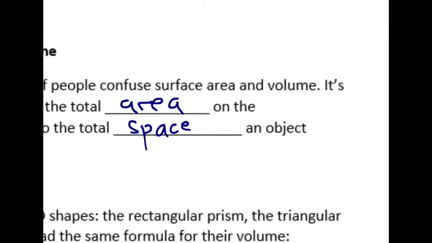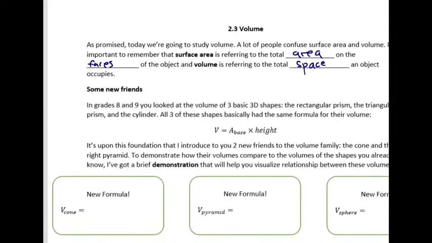Density is how much a cubic centimeter of that material weighs. But volume talks about how much space an object takes up. If we had 60 students in this classroom, it would feel very crowded because the volume, the space inside the classroom, is being taken up by bright young minds, such as yourself.